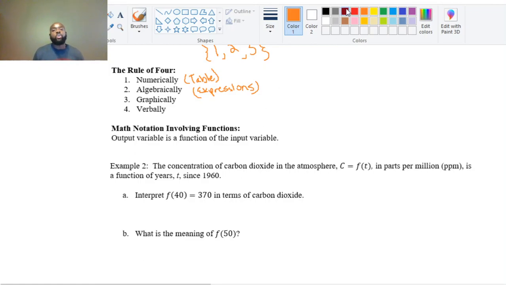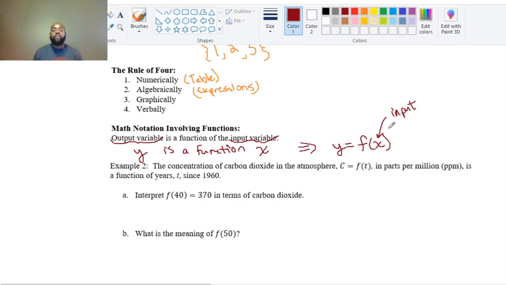And so if I use y as my output variable and say that that is a function, and if I use x as my input variable, we say that y is a function of x. And to write that in symbols, a lot of times we say y equals f of x, right? So again, your x is your input variable, your function is your rule, and you apply that rule to your input, and you get your output, which is your y.